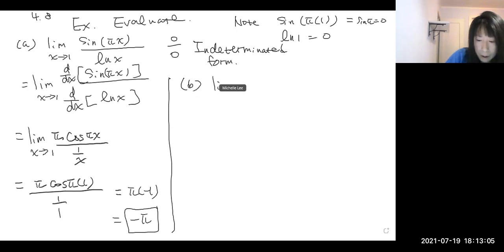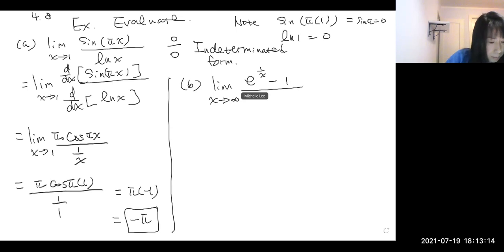How about this? Limit, when x approaches positive infinity, e to the 1 over x minus 1 over 1 over x. Okay.